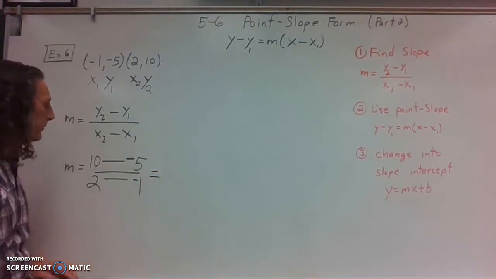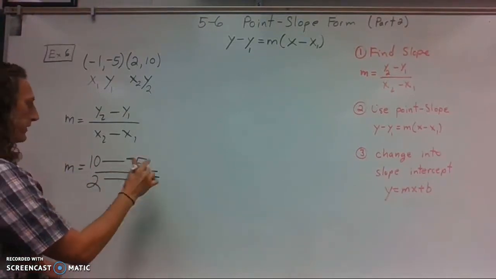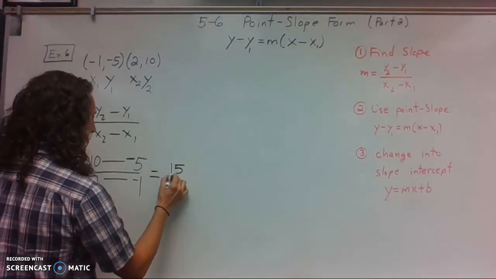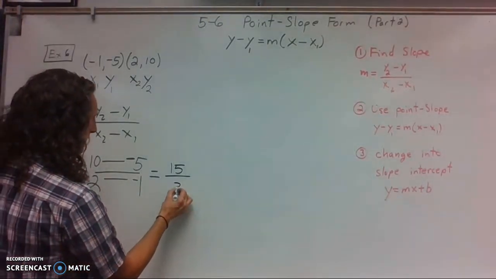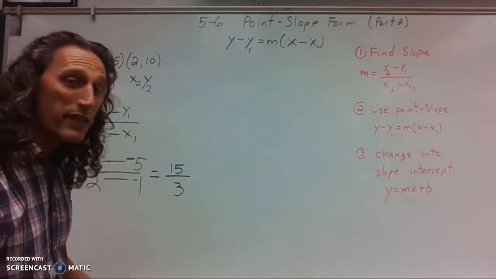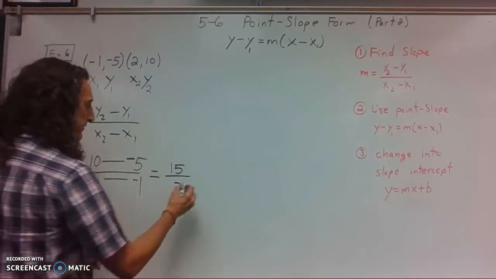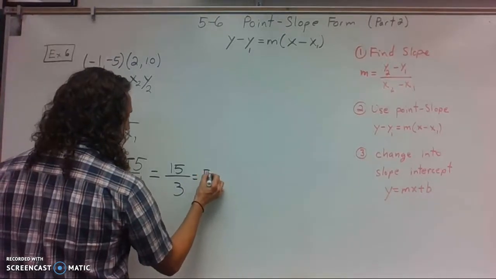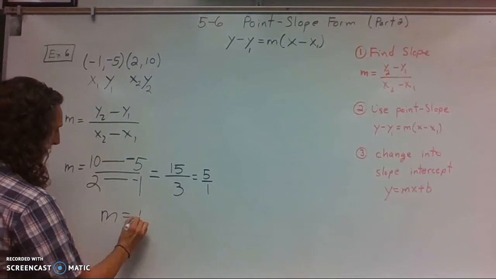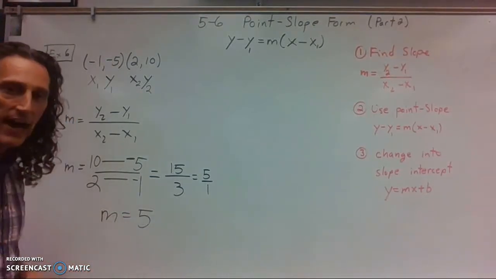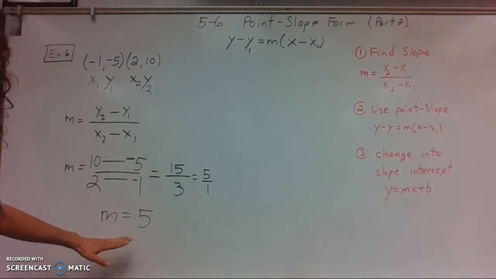Now again, make sure that you type this into the calculator right, and you will get a 15 all over 2 minus -1 will actually become a +3. And if you type that into your calculator, it will take that 15 divided by 3, happens to be 5/1. Or simply put, your slope is 5. Okay, because 5/1 is the same thing as 5. So we found our slope.